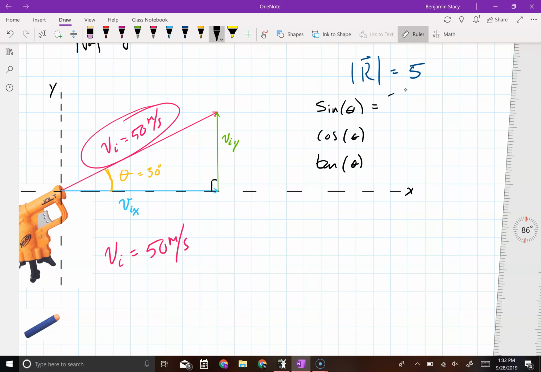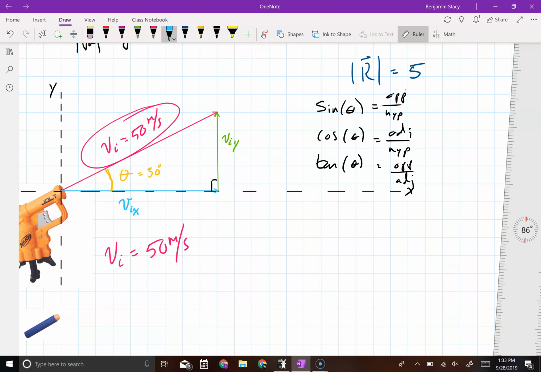So remember that our sine is the relationship or ratio of opposite over hypotenuse, cosine adjacent over hypotenuse, and tangent opposite over adjacent.